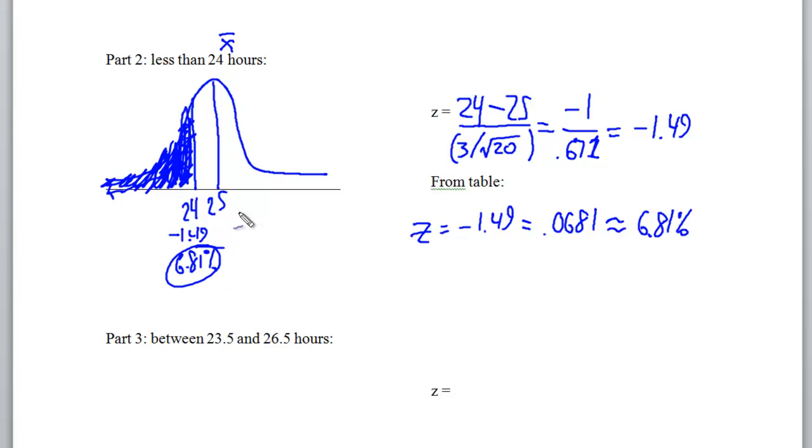So your likelihood of picking 20 students and getting an average of less than 24 hours, well, it's not very likely. It's only about 7%, which means that we're probably going to be, with a small group, having an average that's close to 25.